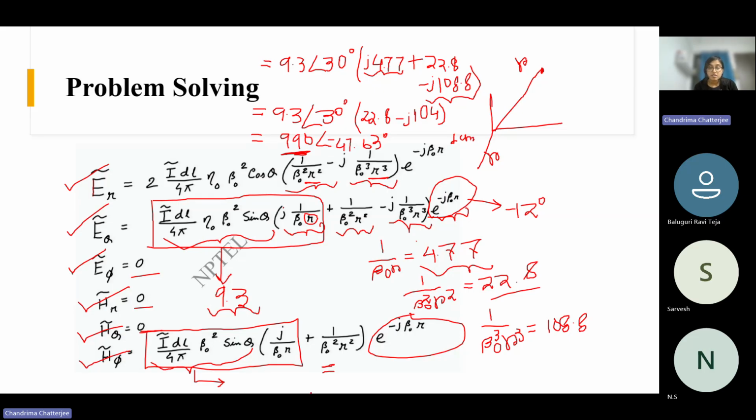So this is 0.0246. Okay. And inside we have j 4.77 plus 22.8.